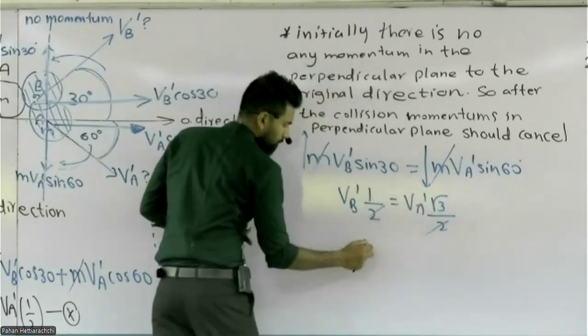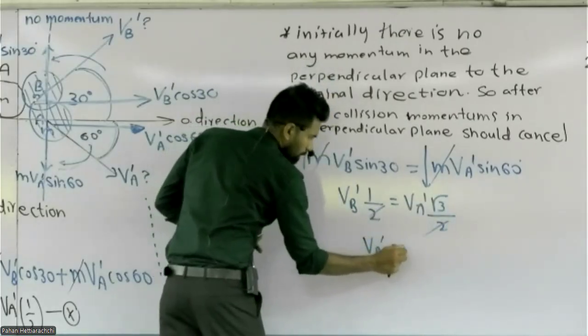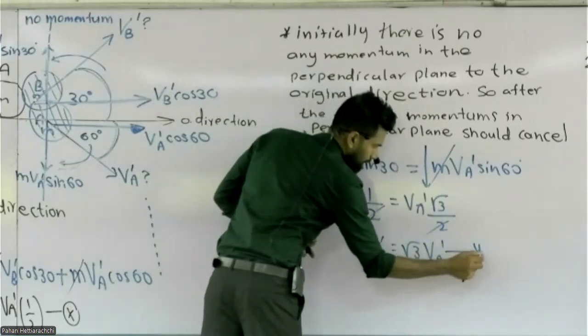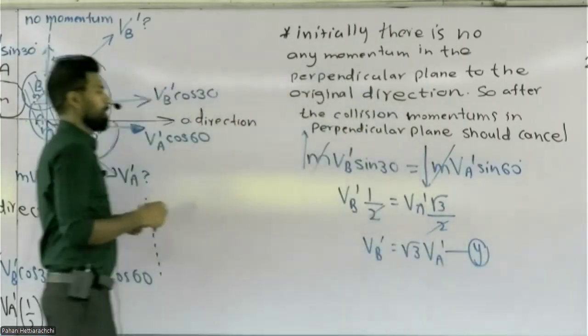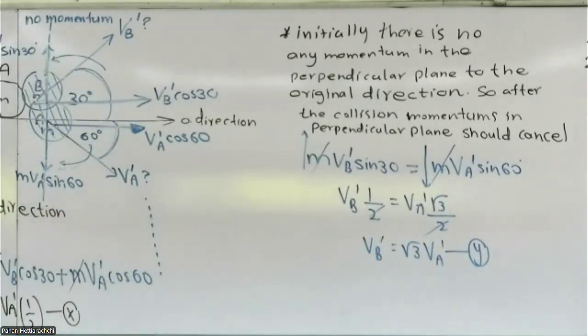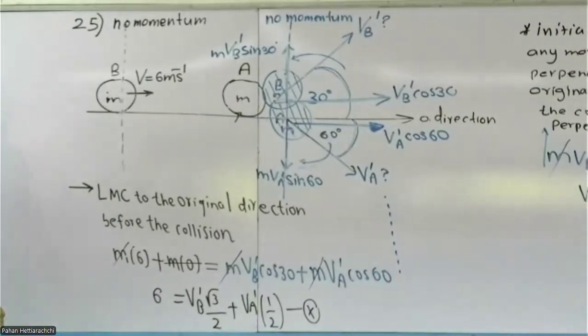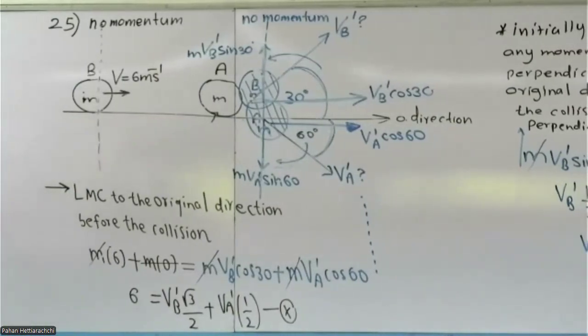The 2 will cancel out. VB dash is equal to root 3 VA dash. This is my second equation. Now I have two equations, equation X and equation Y. I can use these two equations to solve the problem.